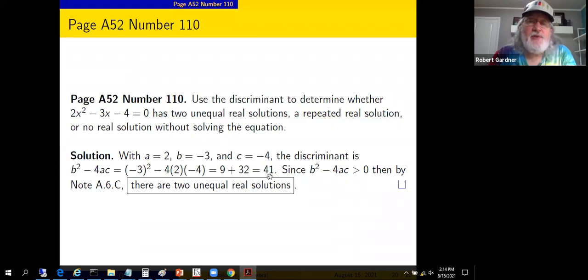Yeah, 9 plus 32 is 41. The discriminant is 41. The important thing about 41 is it's positive. If the discriminant is positive, we'll have negative b plus or minus the square root of 41. That'll generate two solutions, the plus square root of 41 solution and the minus square root of 41 solution. That'll generate two unequal real solutions.